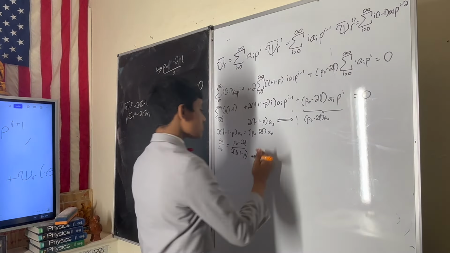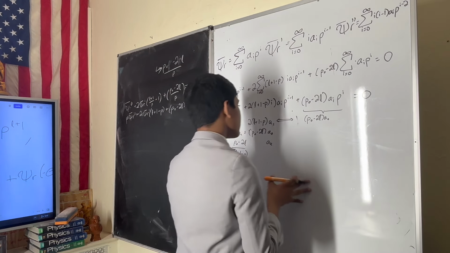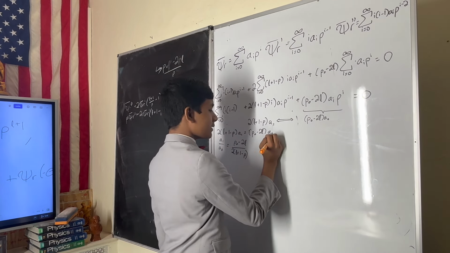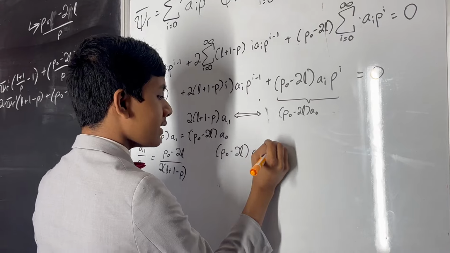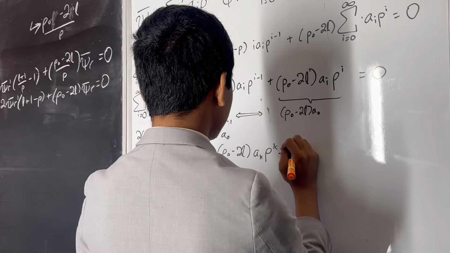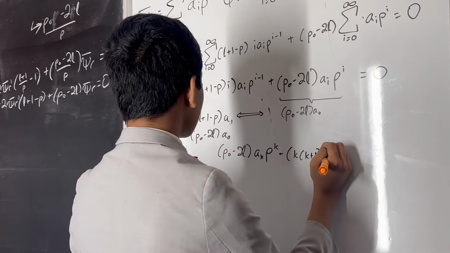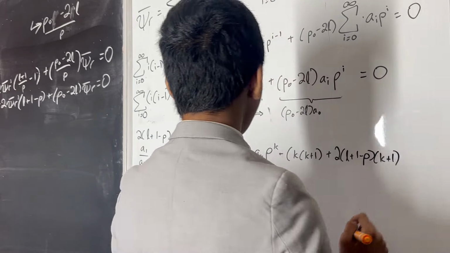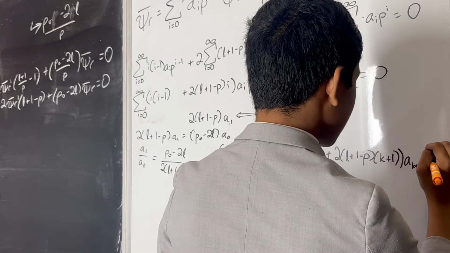Okay, so now, what's term a_k going to look like? Well, this is going to give us the degree k term, and this is going to give us the degree k term at i equal to k plus 1. So realize that the degree k terms, (rho naught minus 2L) times a_k rho^k, have to cancel out with what this is when i is equal to k plus 1, i.e. k times (k plus 1) plus 2 times (L plus 1 minus rho) (k plus 1) a_(k plus 1) rho^k.